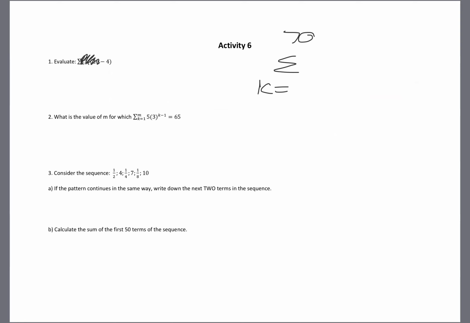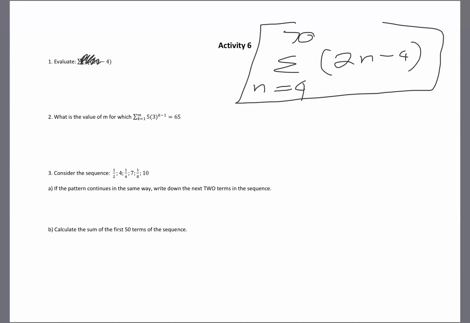It's supposed to be 70 on top, and n is equal to 4 at the bottom. And then you're going to have a bracket that says 2n minus 4. What they're basically looking for here is the sum of this sequence. So what is the Sn of this sequence?